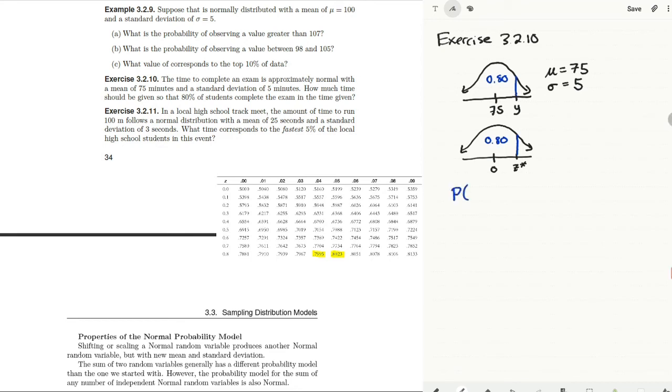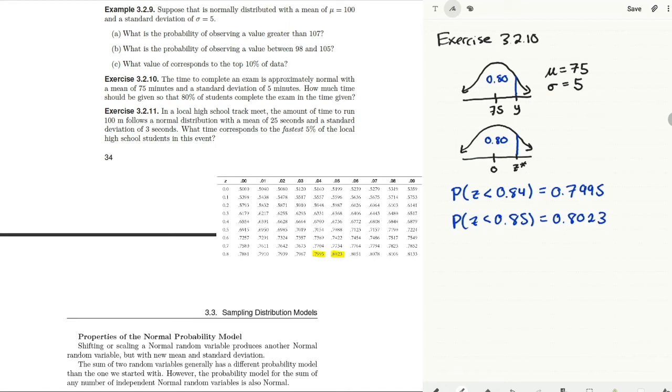So the table tells us that the area to the left of 0.84 is equal to 0.7995, and the area to the left of 0.85 is 0.8023.